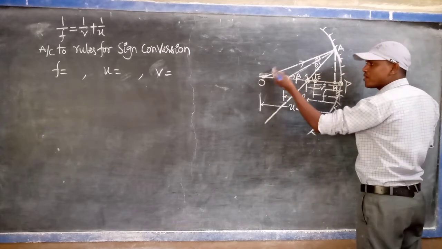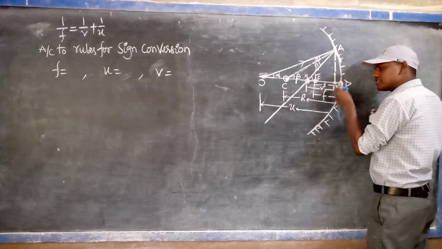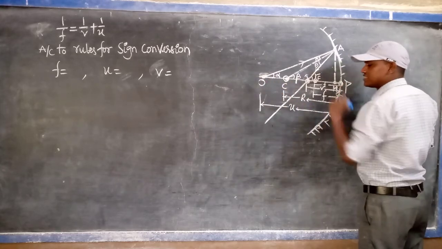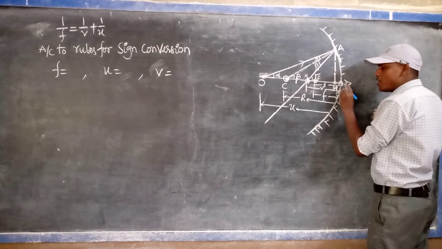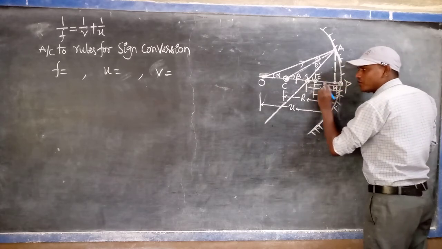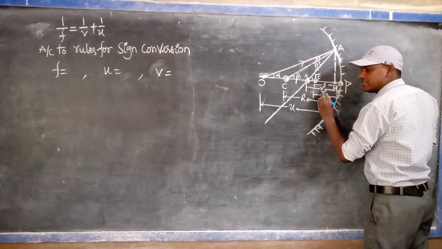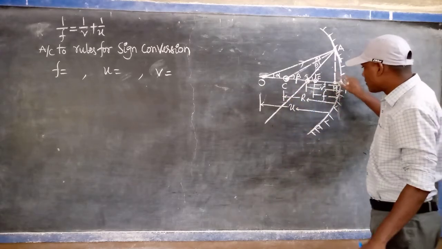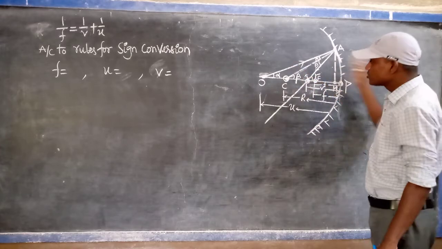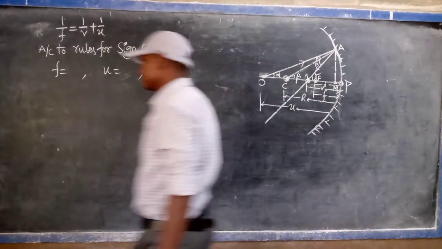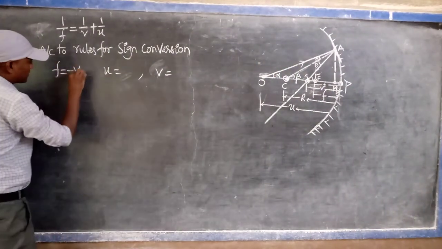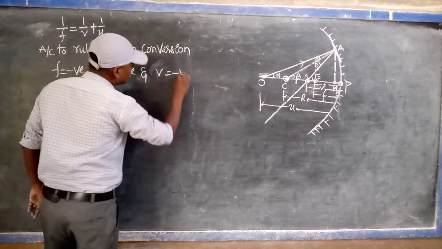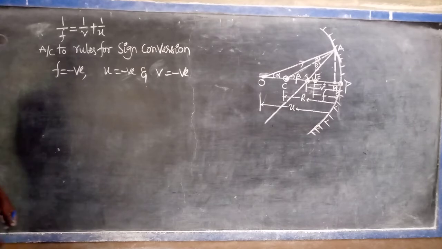The distance from the pole to the image, the image distance, is also opposite to the incident ray. So f is negative, u is negative, and v is also negative.